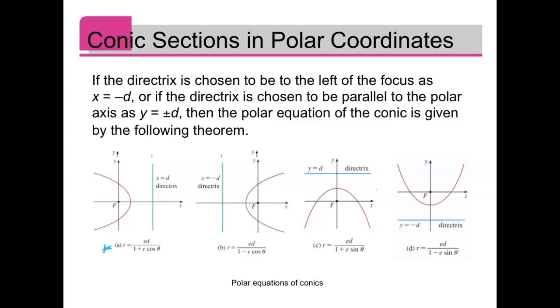It's x equals the opposite of d if the directrix is to the left, and then it's ed over 1 minus e cosine theta. And then likewise for vertical. So if it's above the x-axis, y equals the value of the directrix, and it's ed over 1 plus e sine theta, and so just from knowing that the directrix is 1 minus. Correct.